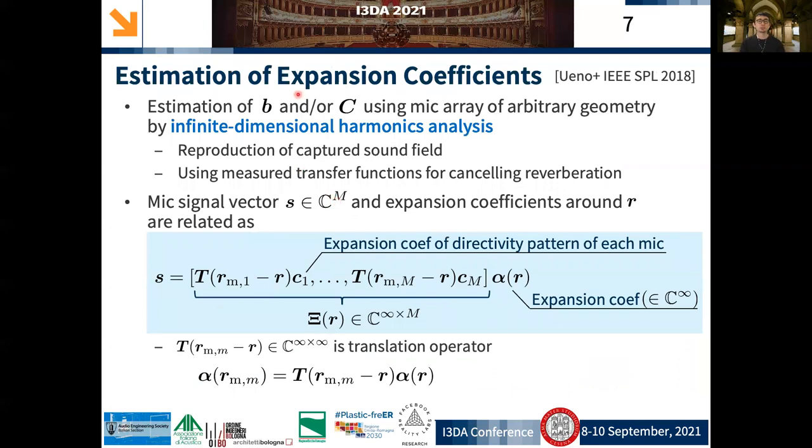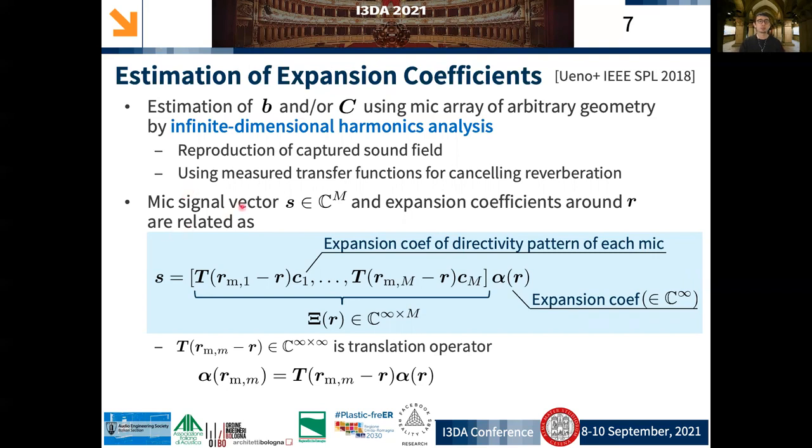Next, we introduce the infinite dimensional harmonic analysis for estimating the expansion coefficients B and C using a microphone array of arbitrary geometry. Estimation of B is necessary to reproduce a captured sound field. Estimation of C is necessary to use measured transfer function for canceling reverberation in reproduction.